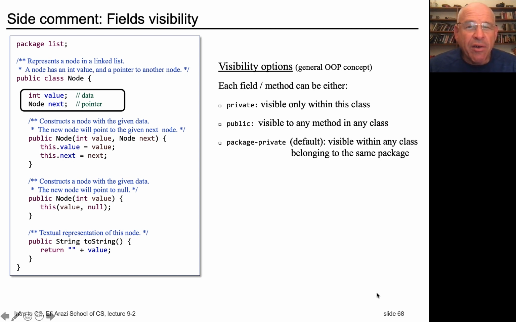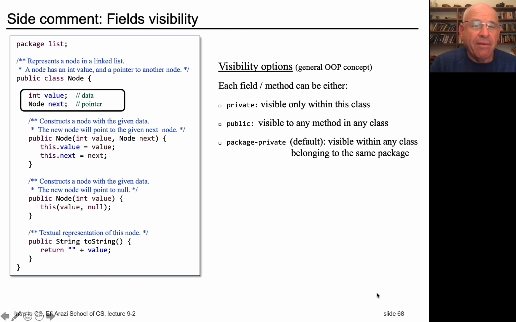And in the case of the list package, this is very convenient because we have three classes that all manage one list. And if we put all the fields of all three classes as package private, which is the default, every one of the three classes will be able to access these fields in a very simple way.